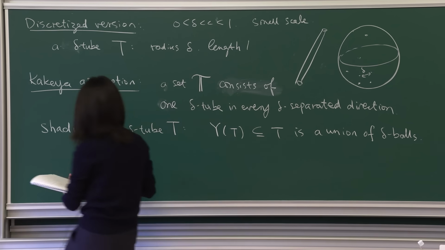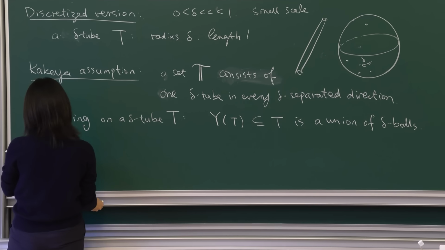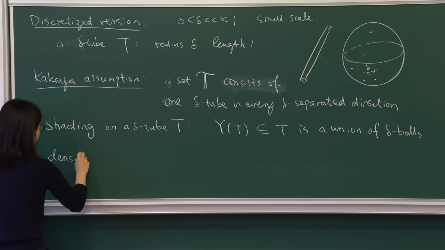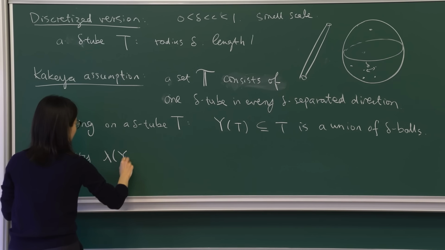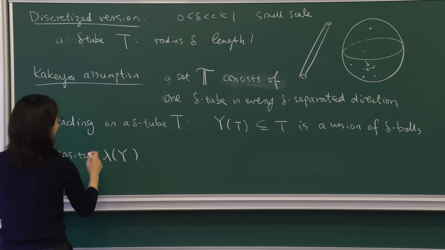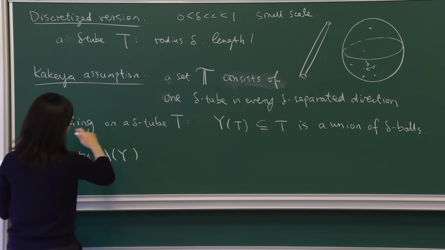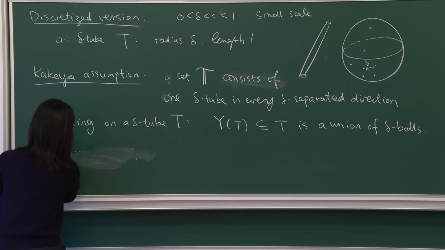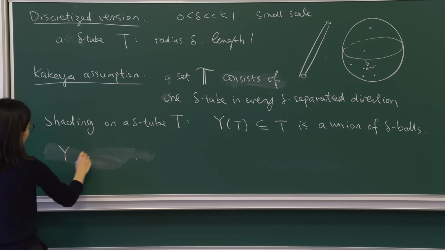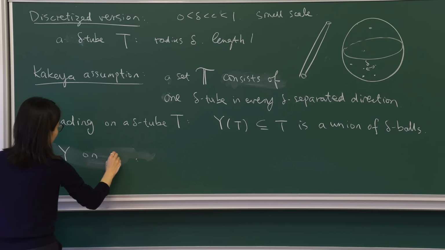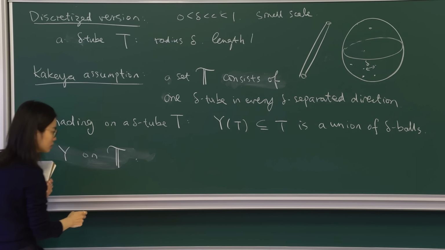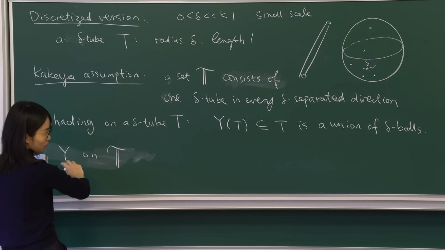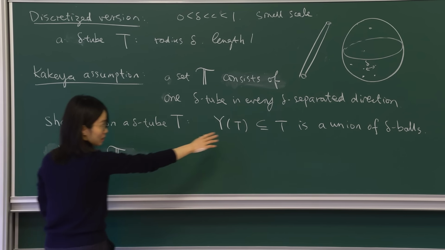Okay. So that is the difference between shading and a subset. We define the density lambda of Y. So let's say a shading Y on a set of delta tubes T just means that for each tube T we think of Y_T as some map from this T to a subset.